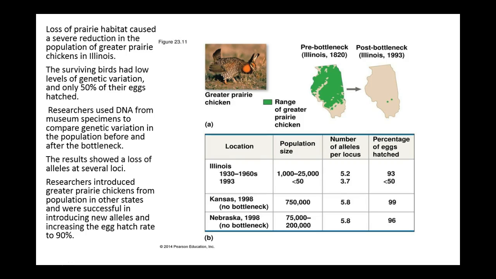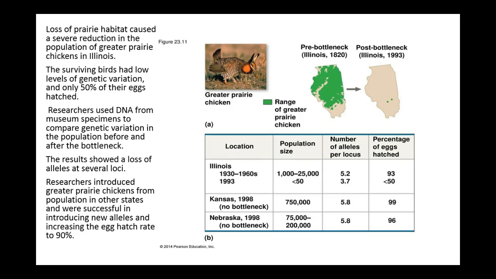And what that did, of course, is greatly reduce their population. The effect of that is a reduction in genetic variation that caused them to be not as viable reproductively, because only 50% of their eggs hatched. Researchers looked at DNA from specimens in museums and compared it to the variation of the population living in the 90s, and they found a huge loss of alleles.